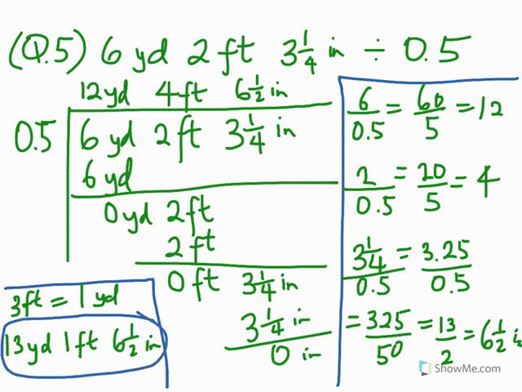Now you have to be careful here. Whenever you do addition, subtraction, multiplication, or division, if you have 2 or more units, like yards and feet, you have to make sure that in your final answer you convert.